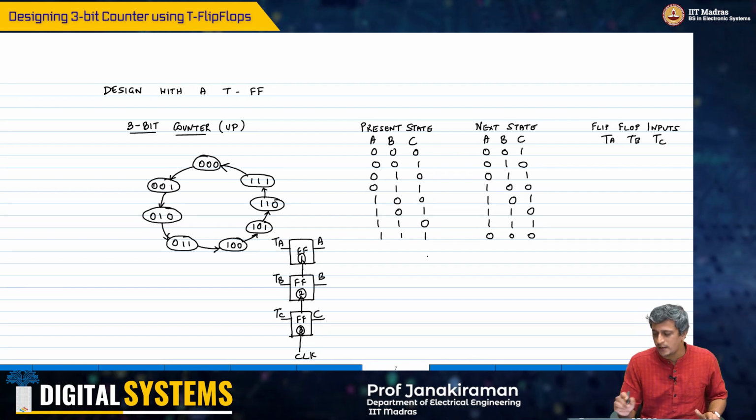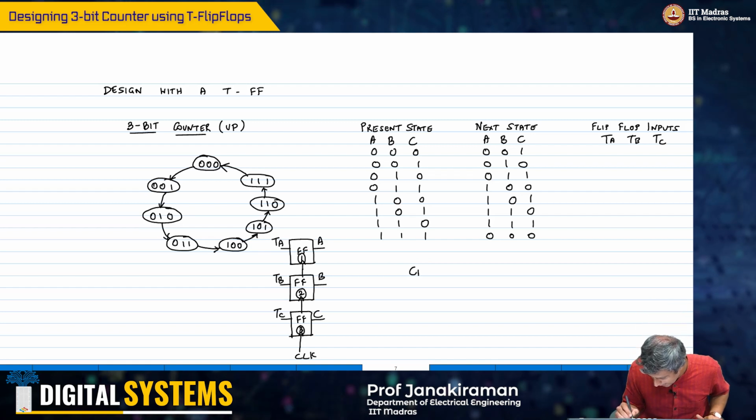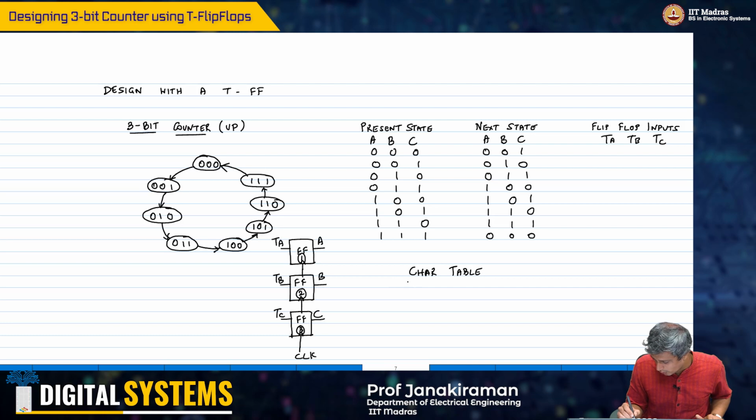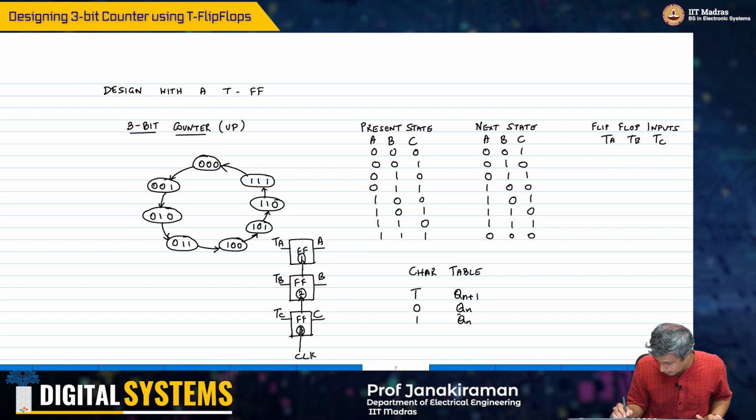And obviously, in order to get the T inputs, we start with the characteristic equation table of T flip-flops. We are talking of T and Qn plus 1. If T is 0, it is Qn. If it is 1, it is Qn bar.